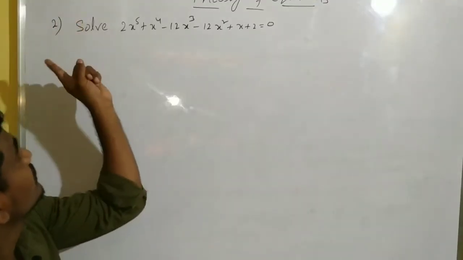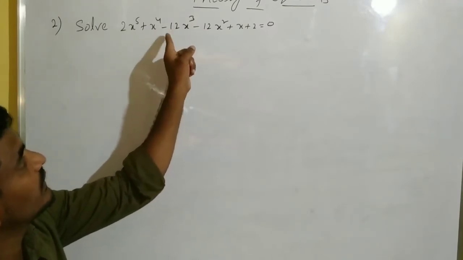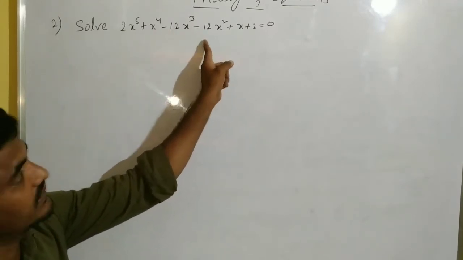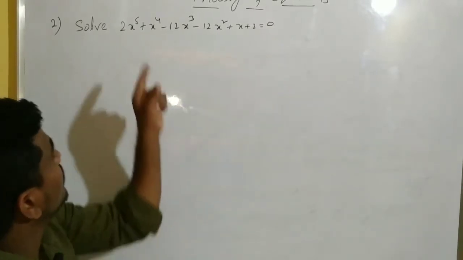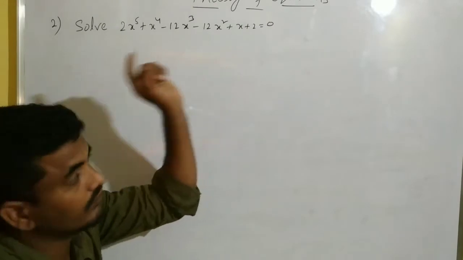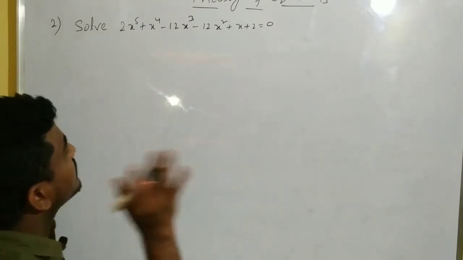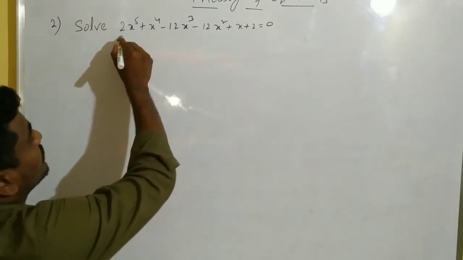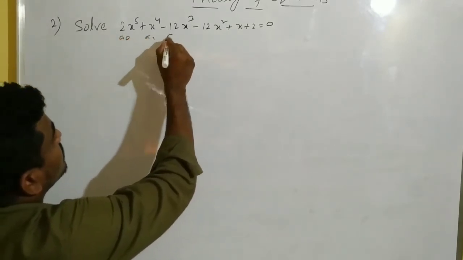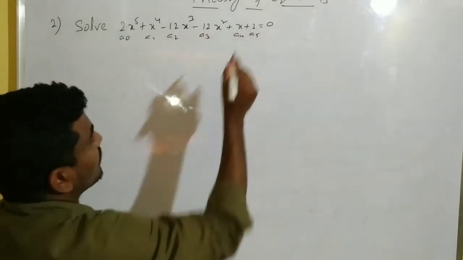Second question, solve 2x power 5 plus x power 4 minus 12x cube minus 12x square plus x plus 2 equals 0. Okay, it is an odd degree equation and we have to check whether it is class 1 or class 2. So to check class 1 and class 2, it is a0, a1, a2, a3, a4, a5.